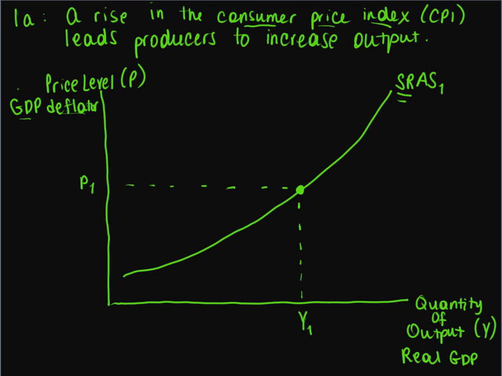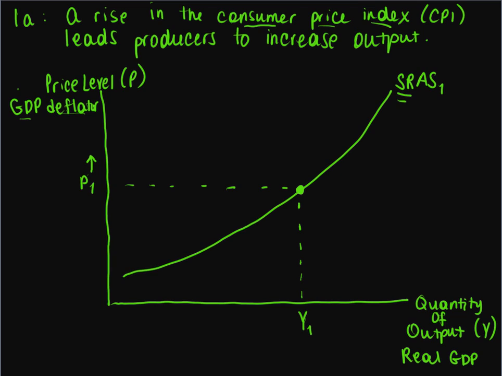I wouldn't have expected you to guess this, but if you get a problem like this, we are going to treat a rise in the consumer price index as a rise in the price level. Even though we're not using the GDP deflator, we're still using a price index.